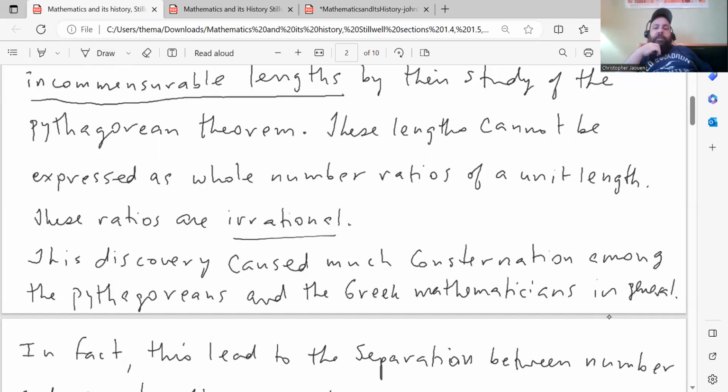So this discovery caused much consternation among the Pythagoreans and the Greek mathematicians in general, because they had problems with infinities and things like that, and there wasn't really a well-defined meaning given to these incommensurable lengths, or these irrational numbers. But they did develop a very sophisticated theory of working with them.